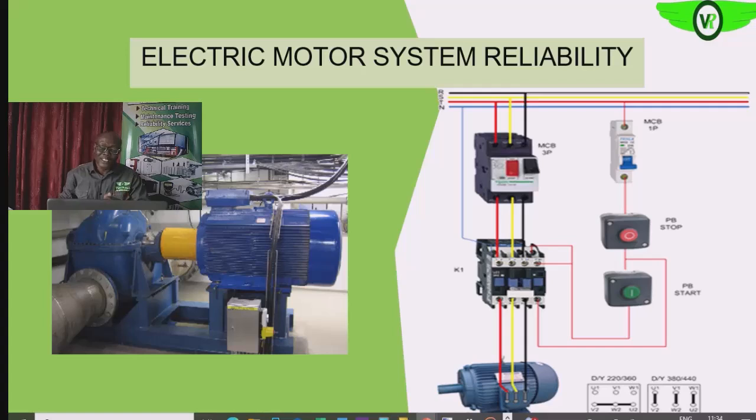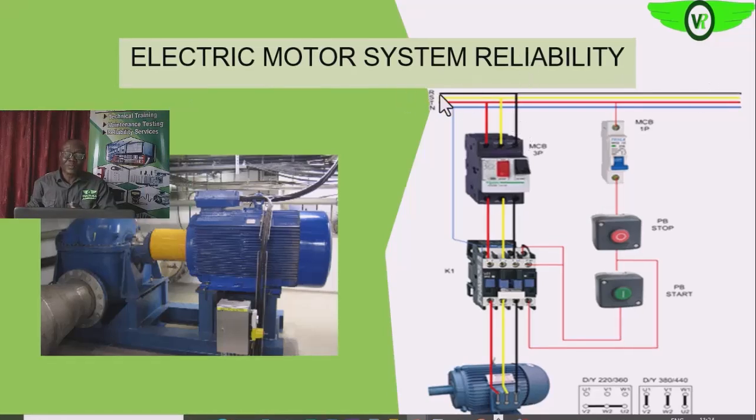So if you look at the right of your screen now, you will see the electric motor system ranging from the power input, okay, input into the system, to the feeders, to your electric motor, the circuit breakers in line with your electric motors, the contactor, and also the control circuitry, and of course the electric motor itself.